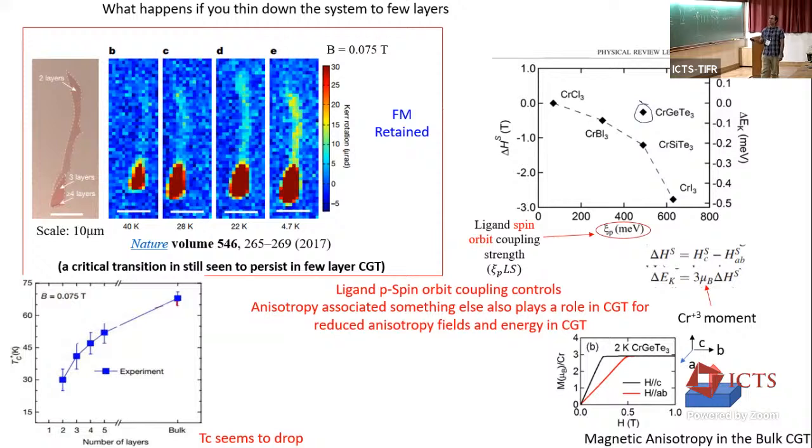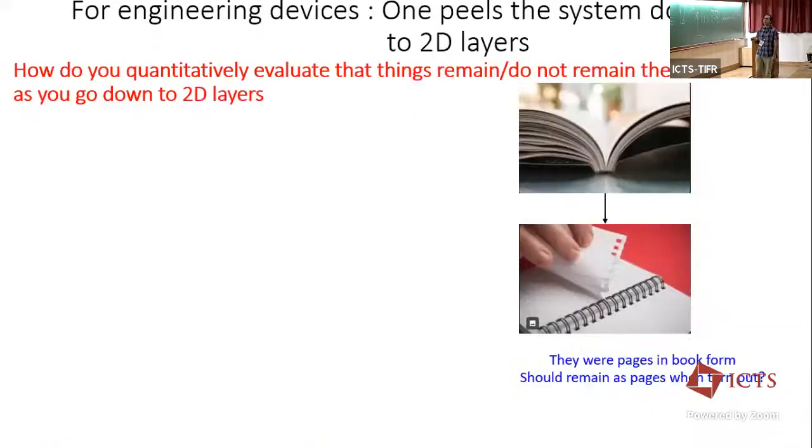But chromium germanium telluride is not following that feature. Although it has a sufficiently high spin orbit coupling strength, its anisotropy is on the lower side. So there are some interesting features which appear in this chromium germanium telluride, and we definitely wanted to study what is happening in this system.